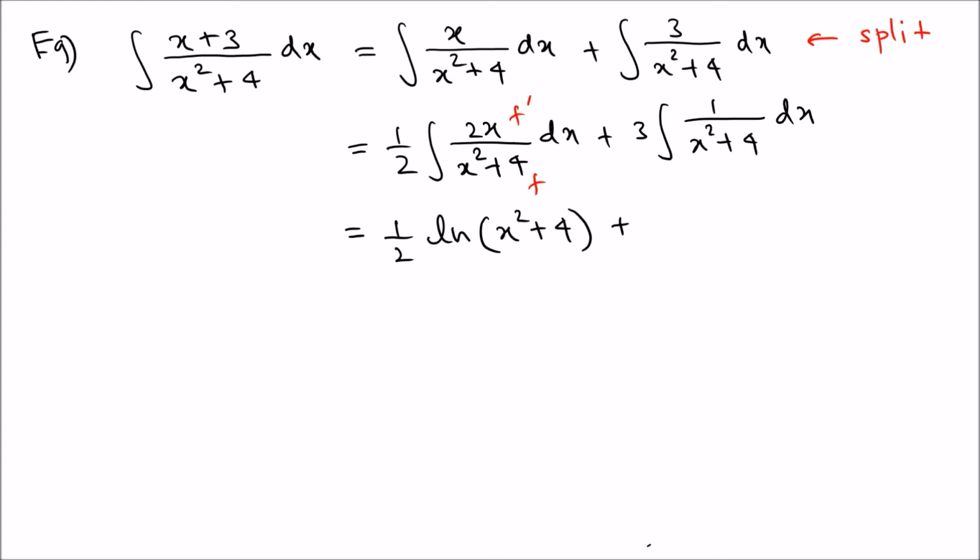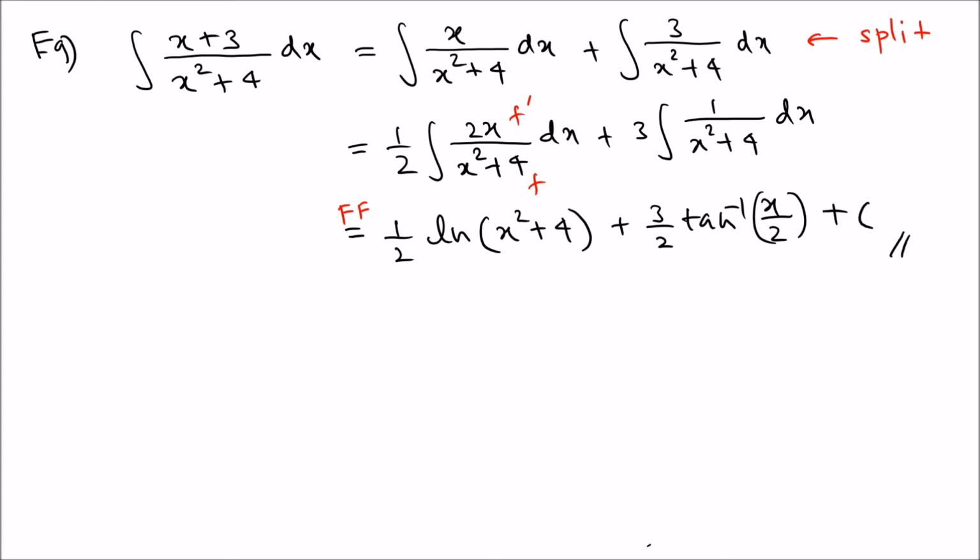Here a equals 2, so that means 3 over 2 tan inverse of x over 2, that's a, plus c. So that's the formula. Very quickly, what we used was the four formula trick for this problem, and the major technique was split.